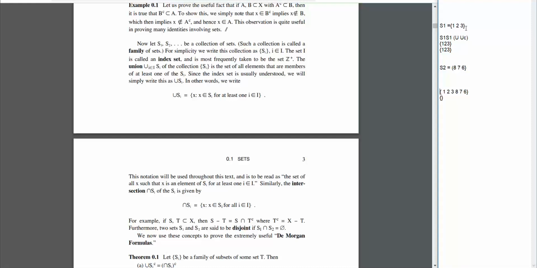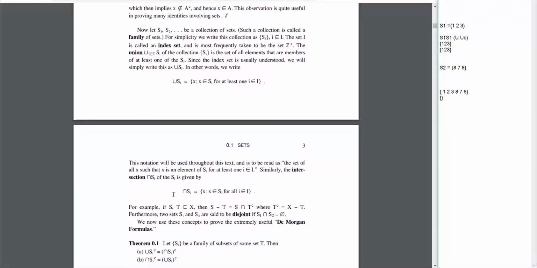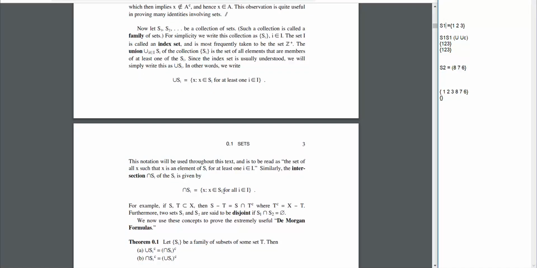The intersection could be any of the elements, and not at least all of the elements of one of these sets. In the intersection, it could be any or none. Let's see if this is correct. The intersection is given: x belongs to S_i for all i belonging to the positive integers.